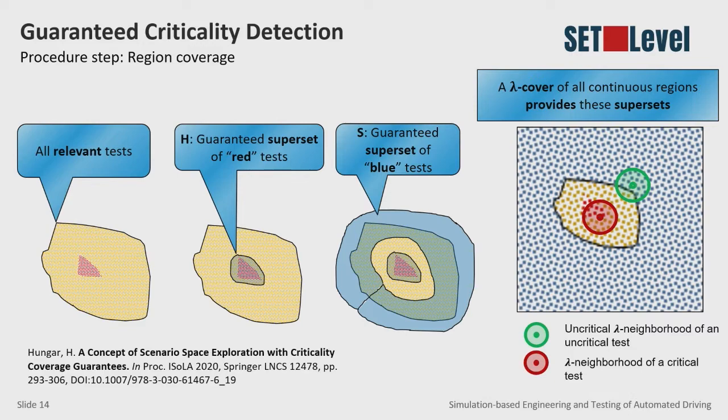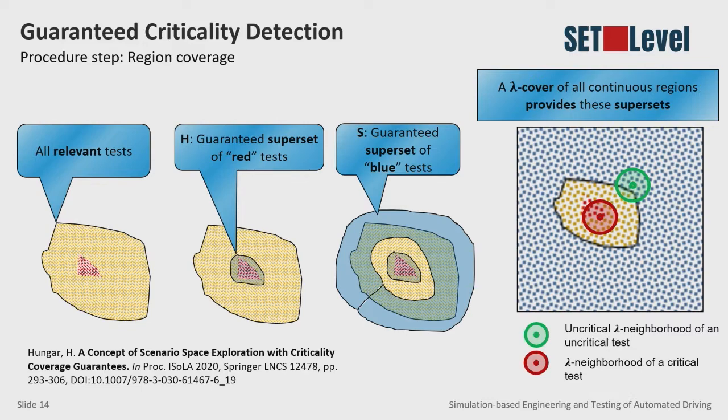and have reduced the problem to covering one continuous region where I have a Lipschitz continuous function. Well, that's great, because Lipschitz continuity gives me a guarantee that one simulation run is representative for a local neighborhood. And I can delineate the size of the neighborhood by the Lipschitz constant. The criticality indicator will not change too much, that is from uncritical to highly critical, within a given space around the concrete evolution I have seen.